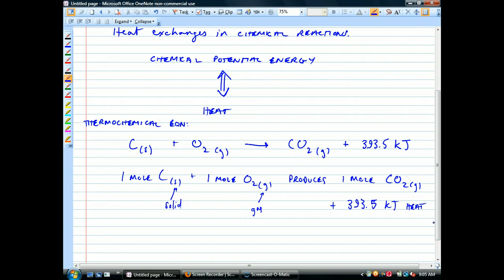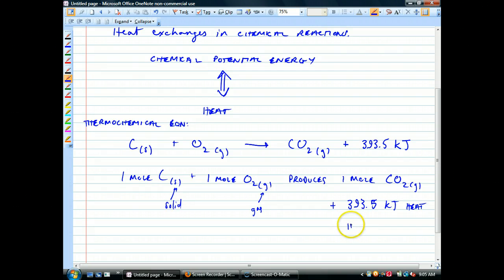Now, of course, this is a combustion reaction. This is the combustion of carbon. So charcoal is burning, and as the charcoal burns, of course, it gives off heat.